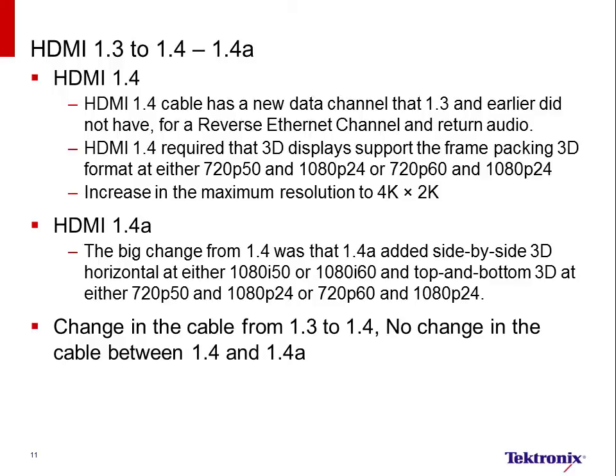So rather than trying to query a set and do parsing, a lot of set-top boxes just look for the presence of that extra wire being terminated between the source and the monitor to indicate that the device is capable of handling 3D. So you must have a 1.4a style cable for 3D to work correctly in almost all situations.